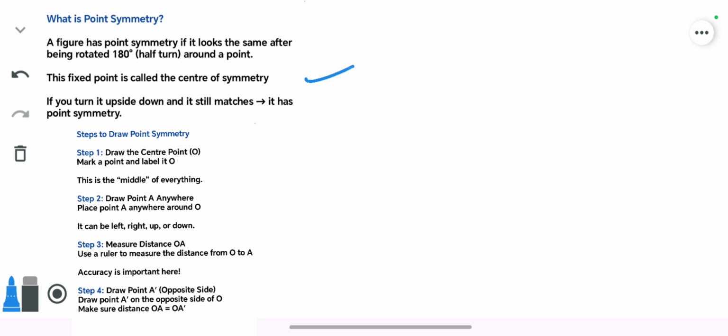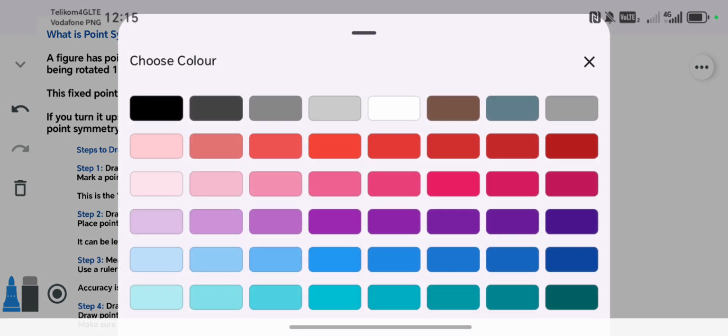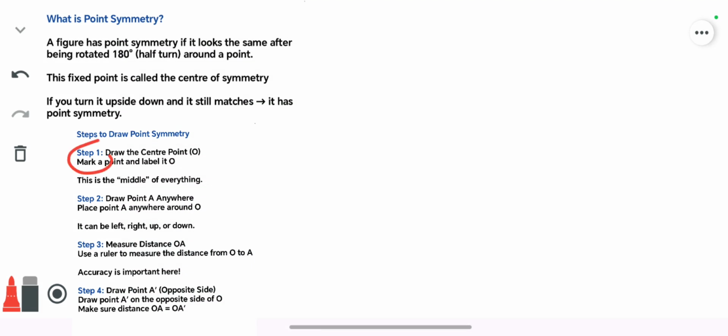So now let's look at the steps that you can use to draw point symmetry. These are the very simple steps. Here we have 4 steps: step number 1, 2, 3, and 4.